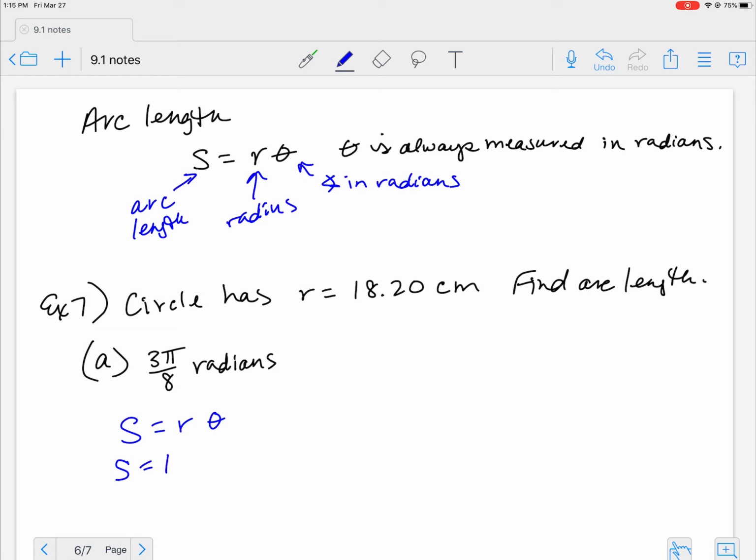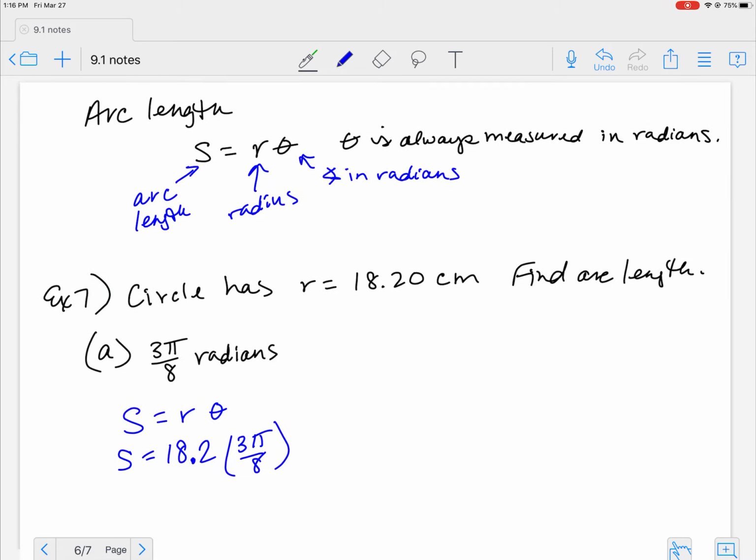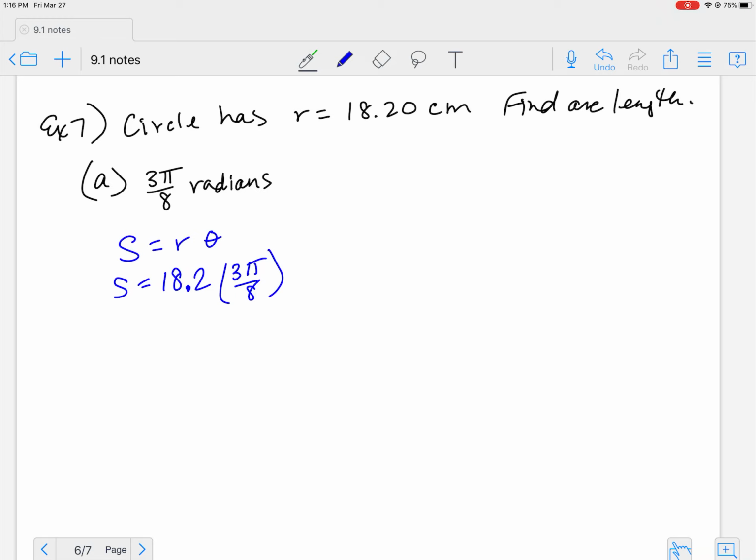Okay, plug it in. s is equal to r theta. I know my arc length here. My radius is given to me at 18.2 centimeters, and my radians is 3 pi over 8. Now, as we work this out, we are going to round these to the nearest 100th position, because I have two significant digits after the decimal.